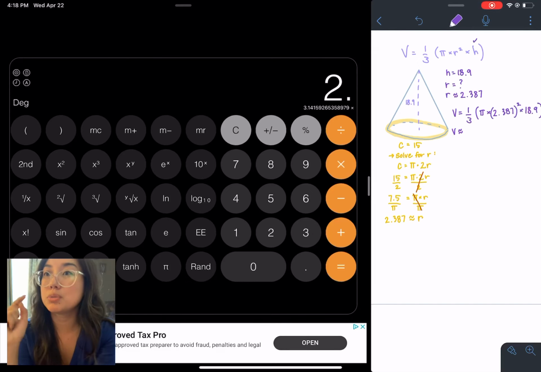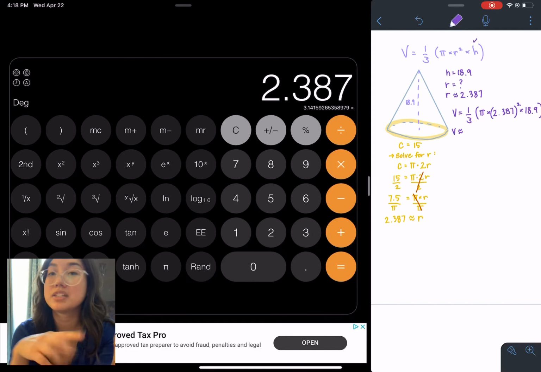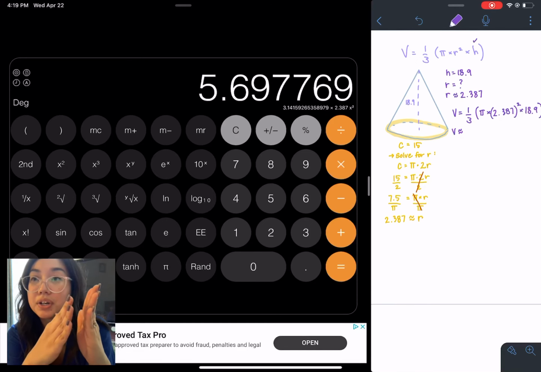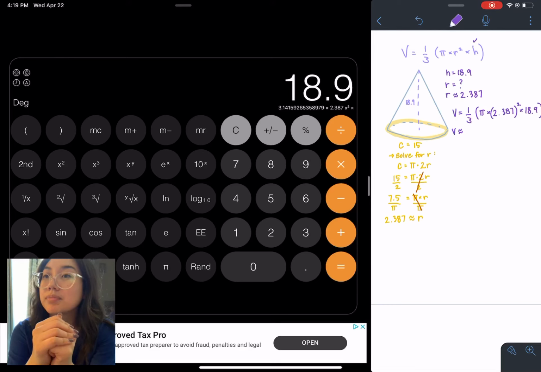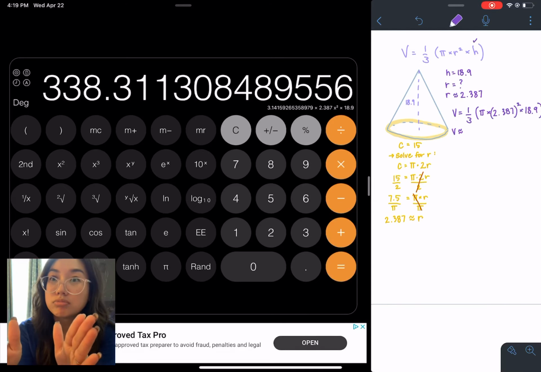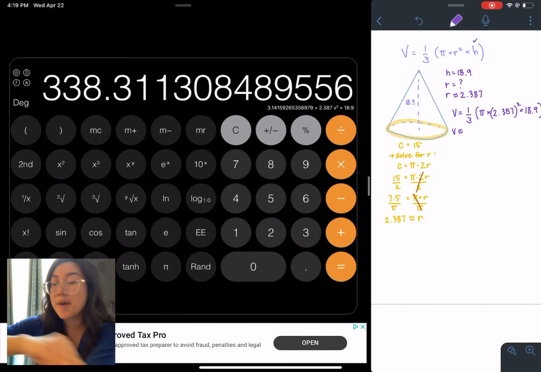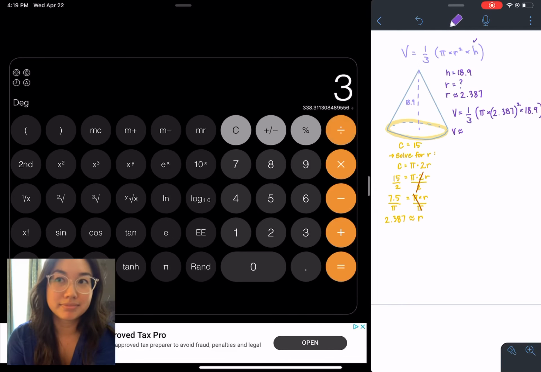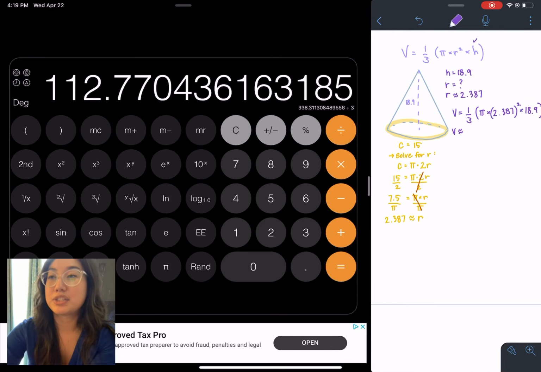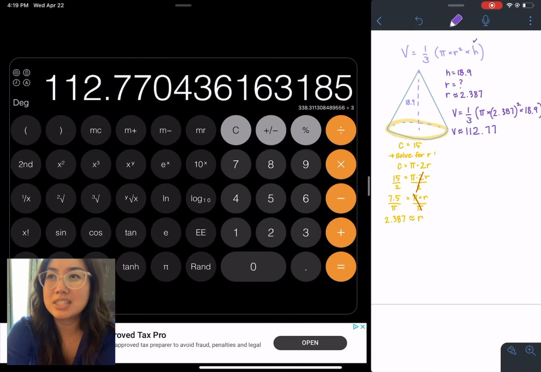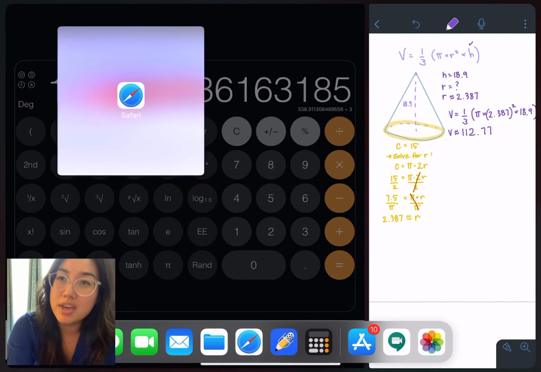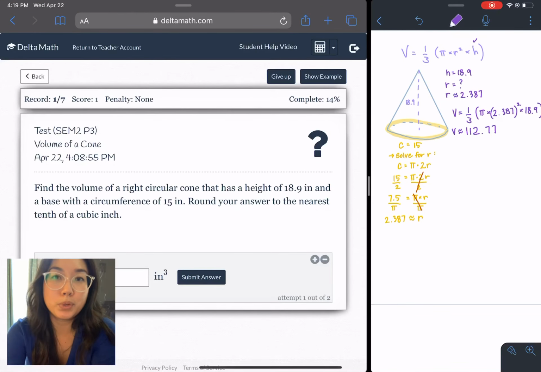Pi times 2.387 squared times 18.9 equals, and then take that, divide it by 3. Okay. So the final volume here ends up being approximately 112.77. When we round to the nearest tenth, that ends up being 112.8.